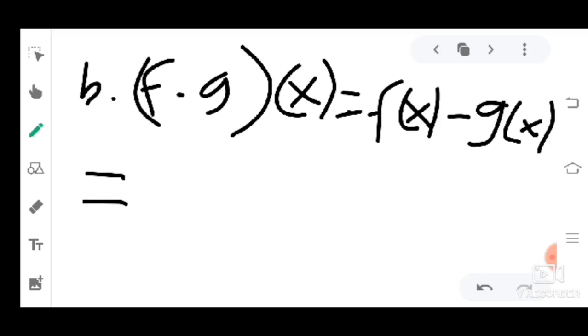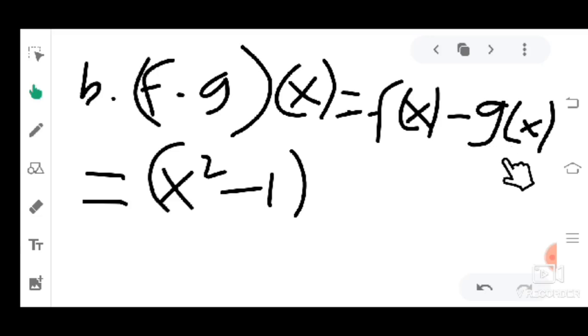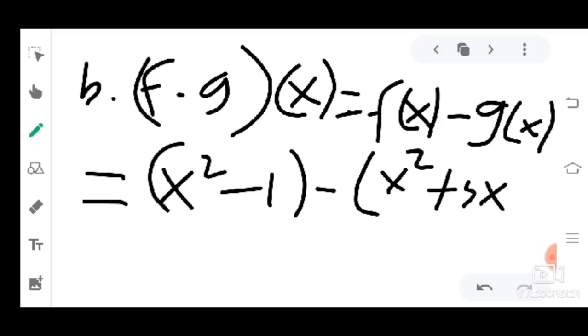We all know that f of x is x squared minus 1, so you will have x squared minus 1, and our g of x is x squared plus 3x plus 2, so you will have minus x squared plus 3x plus 2. Obviously here we need to distribute the negative sign to each term, so it becomes negative x squared, negative 3x, and negative 2.